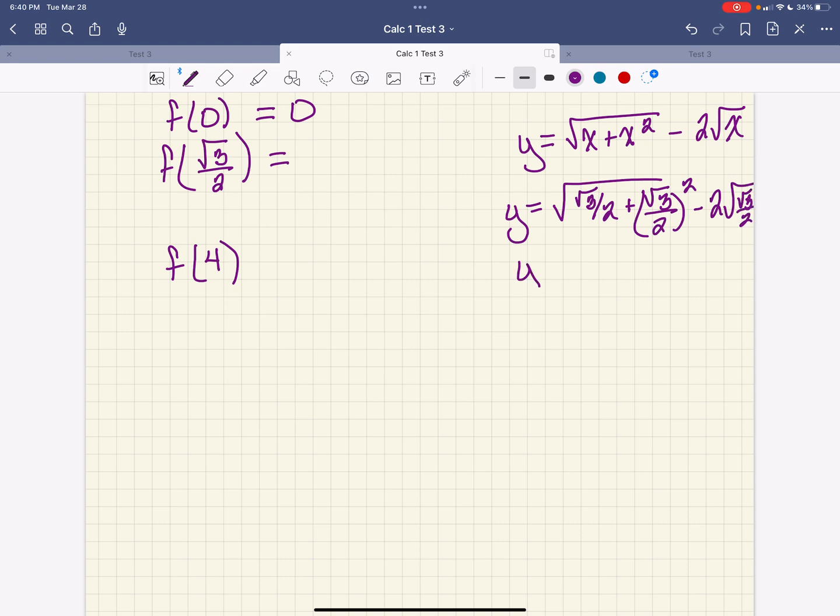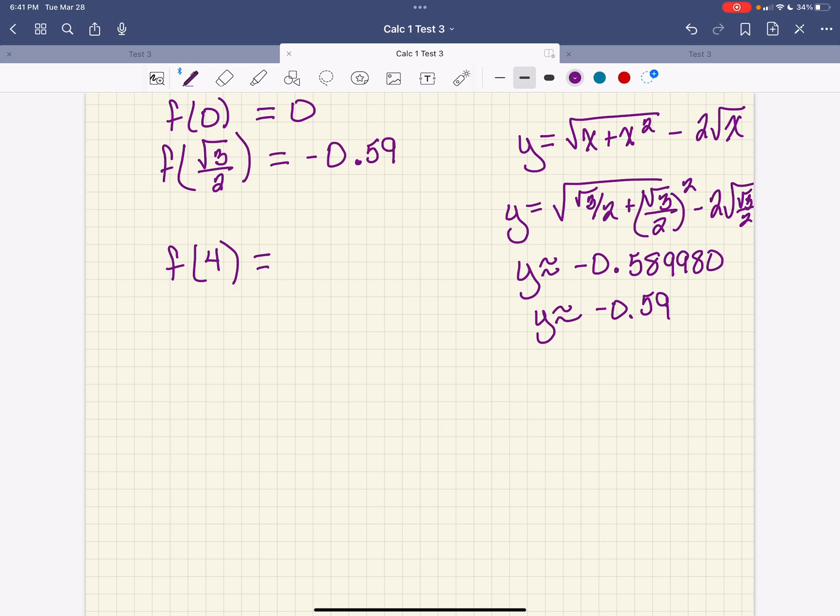When I put that in my calculator, I get approximately negative 0.589980. You don't have to go to that many decimal places; 3 or 4 are fine. So negative 0.59 is our f of square root of 3 over 2.